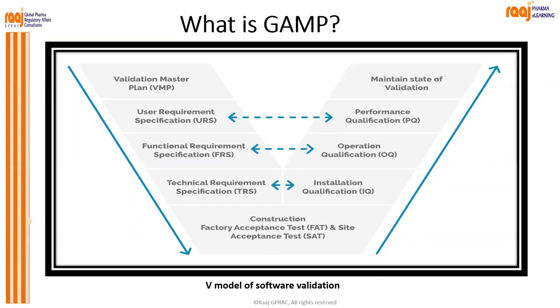Whatever predetermined specification you have written to test that product has to be passed. You have to check each and every thing thoroughly as per your predetermined specification in the factory before it is transferred or delivered to the site. And when it is delivered at the site, that is called the site acceptance test. So you have to understand the difference between the factory acceptance test and the site acceptance test.